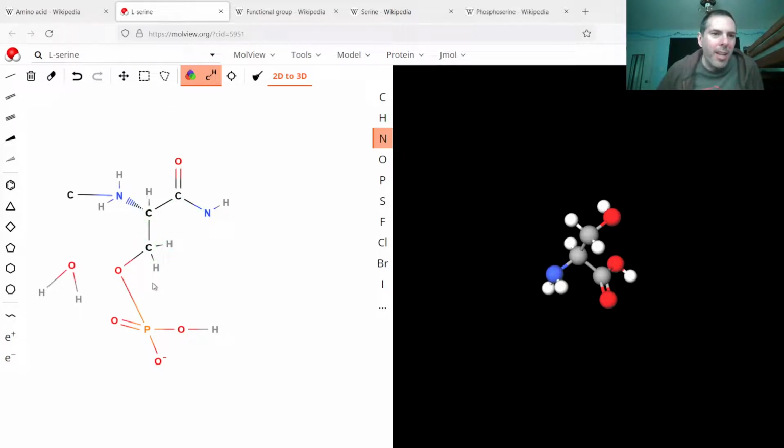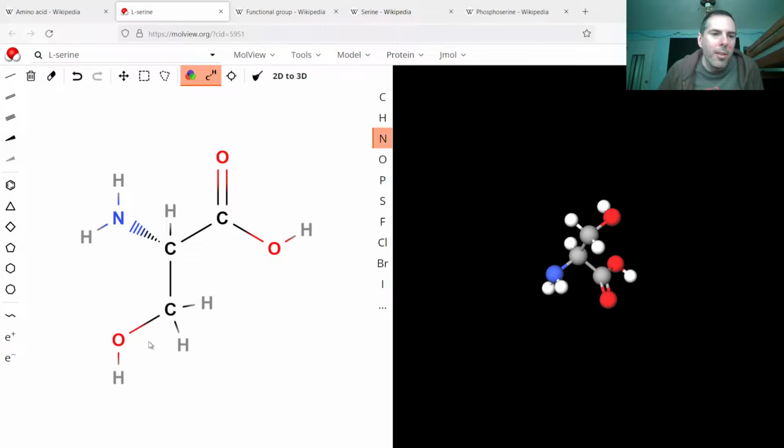And here at the side chain, you can attach the phosphate group. And then by itself, it is hydrophilic, so this will be exposed to the cytoplasm in the cell. And like I said, a common function of this amino acid is to help attach a phosphate group to a protein.